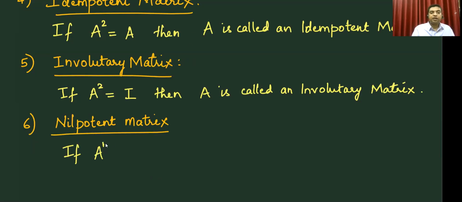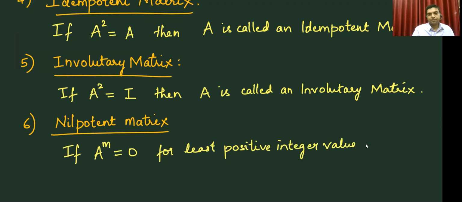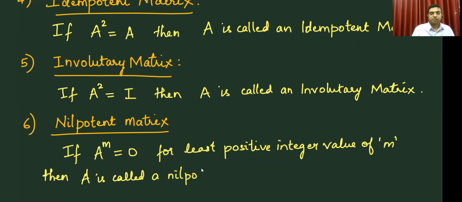If A power m becomes 0 for the least positive integer value of m, then A is called a nilpotent matrix of order m.